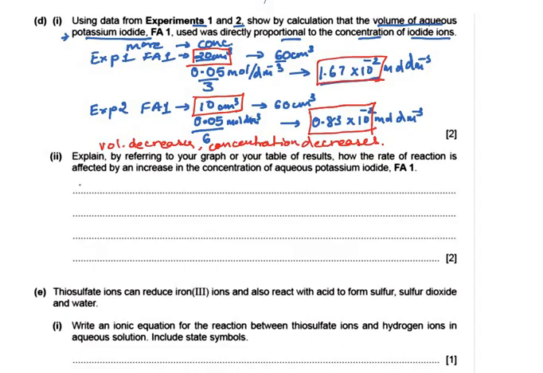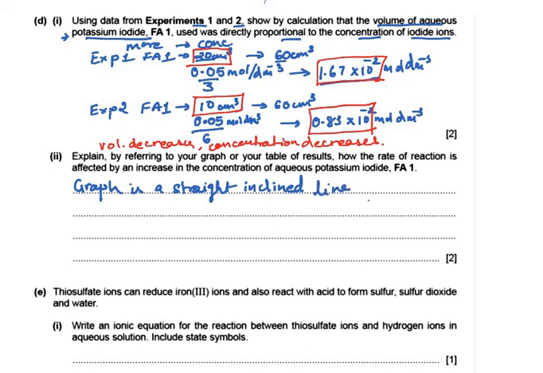So referring to the graph, we can write that the graph is a straight inclined line, that is, as the gradient increases, the rate increases.